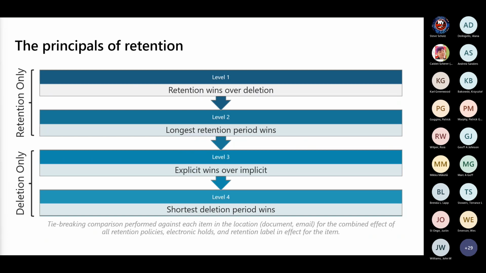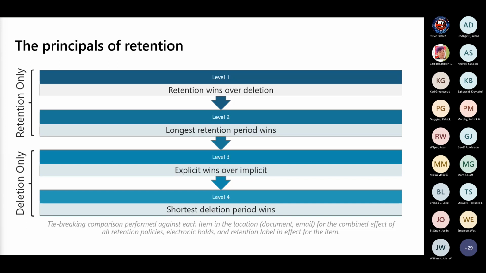One additional concept that I wanted to cover here regarding Microsoft Information Governance is the principles of retention. These basic principles define the underlying algorithm that's used to define how retention and deletion should work in times that there are conflicts. So understanding the principles of retention is vital to understanding how Microsoft's governance platform functions and how the outcomes of the platform can or should meet your organization's expectations.